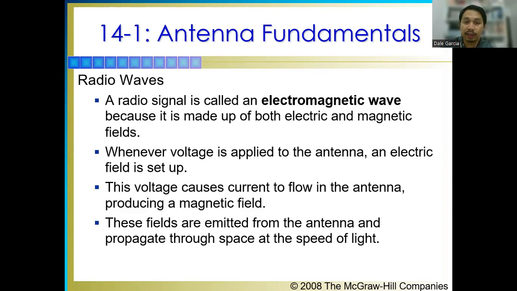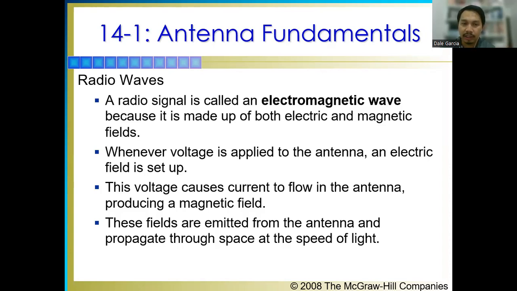So this voltage causes current to flow in the antenna. Here is something new: not only does an electric field exist, but because of the electric field touching the piece of wire or metal, it allows current to flow in the antenna, producing a magnetic field.